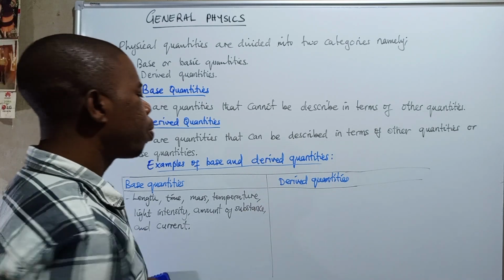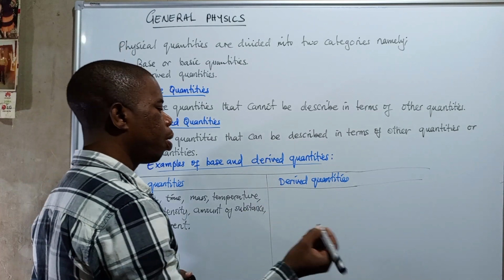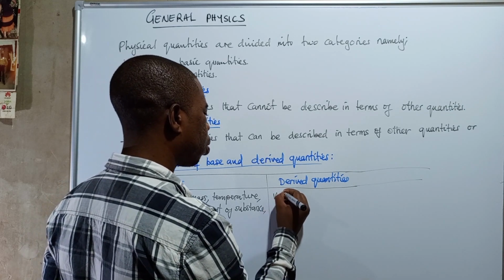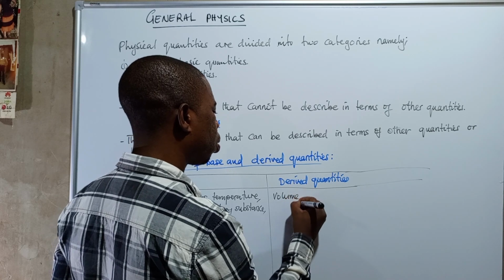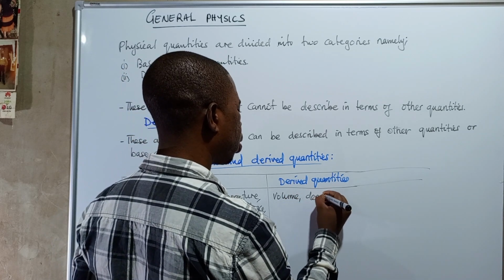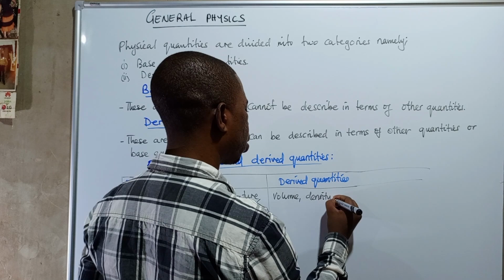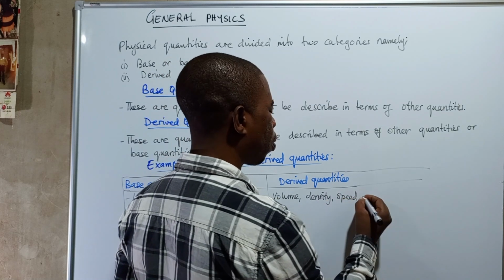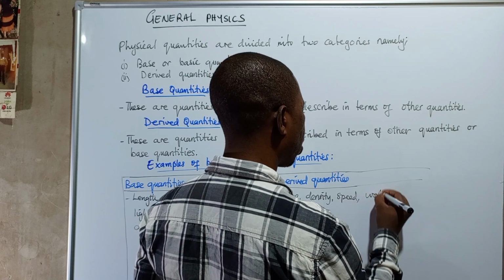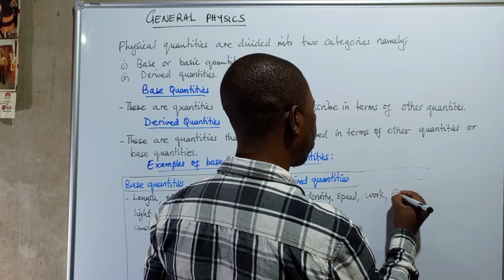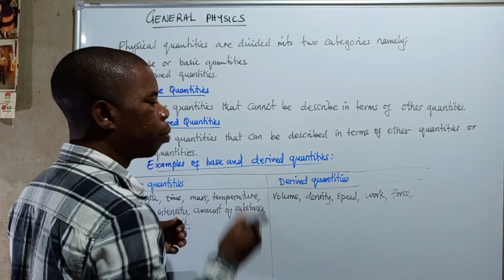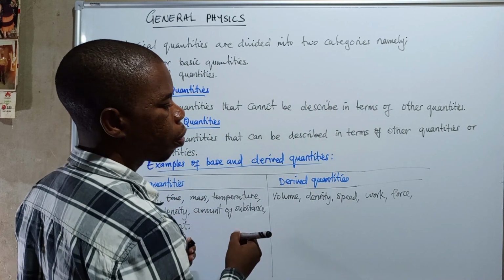Then the derived quantities that we have can be like volume, density, speed, weight, force, then what else?